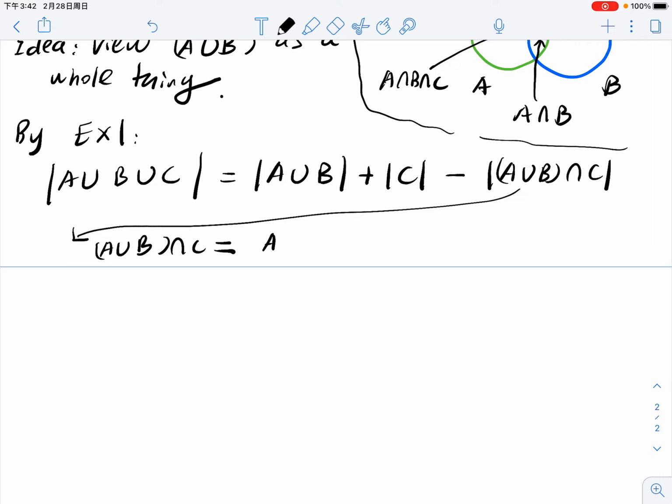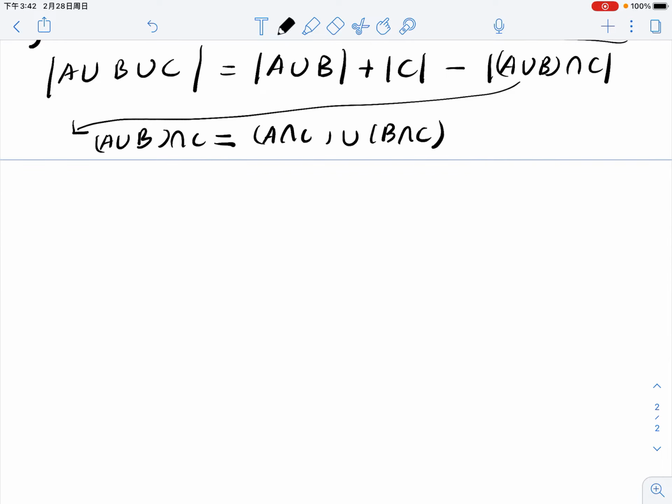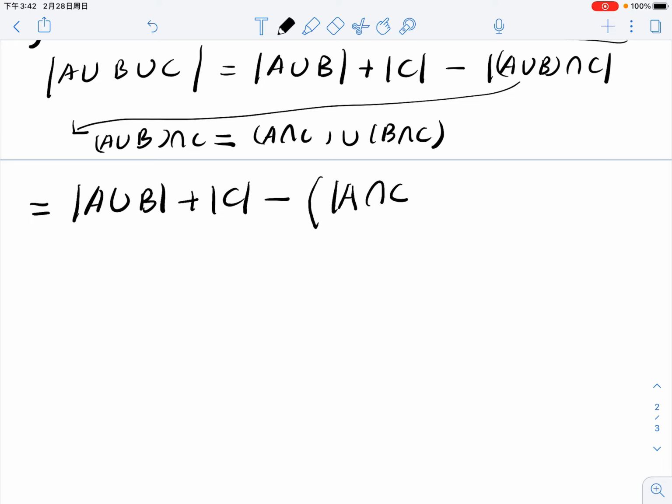So there will be A intersection C union B intersection C. And then if you plug in, you can simplify the above formula as following, since this is A intersection C union B intersection C. Apply the result in the first example.